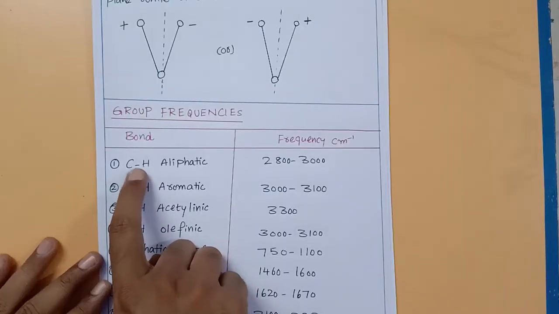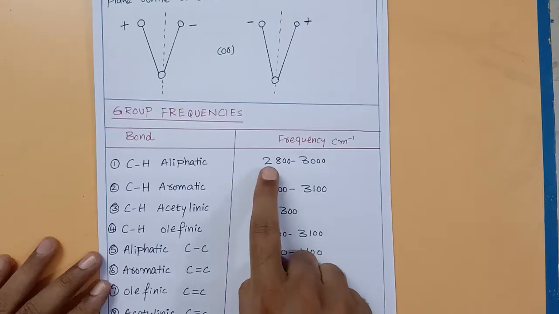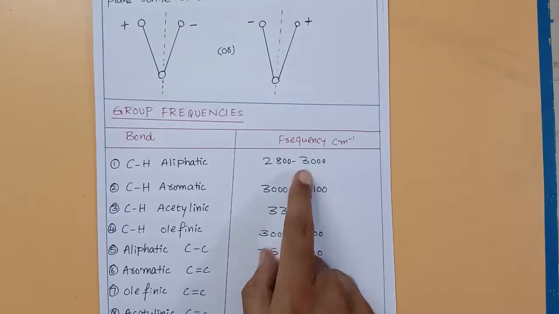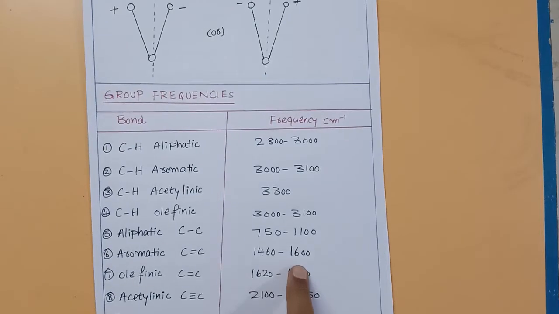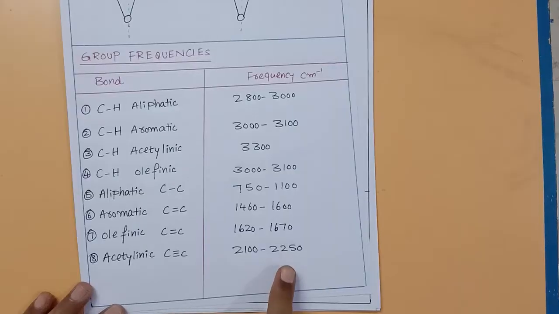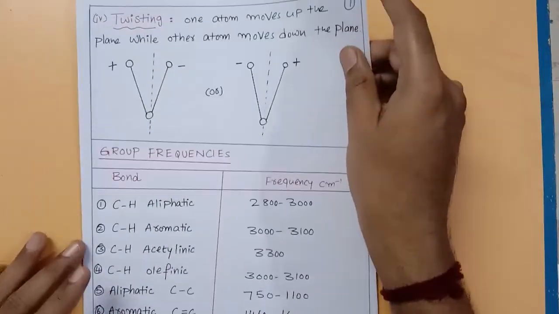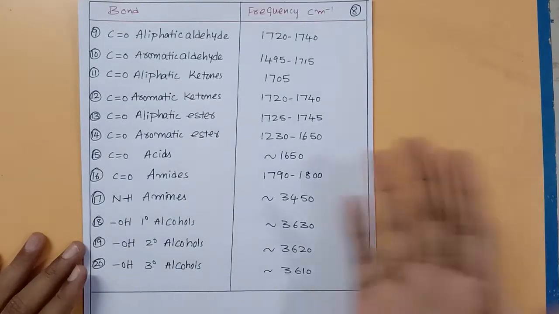The carbon hydrogen covalent bond vibration in the aliphatic organic compounds requires the infrared radiation of 2800 to 3000 centimeter inverse, and the aromatic C double bond C vibration, the bond between carbon carbon, the double bond, if you are going to vibrate this bond, you need to supply 1460 to 1600 centimeter inverse of energy. Okay, the acetylenic C triple bond C bond requires 2100 to 2250 value of infrared radiation energy, right.